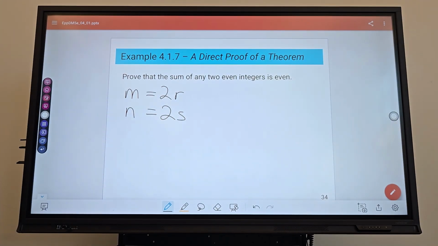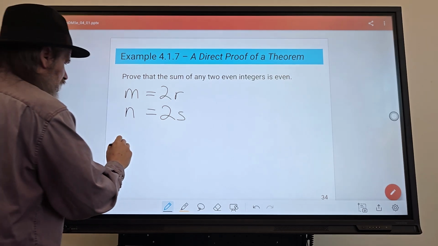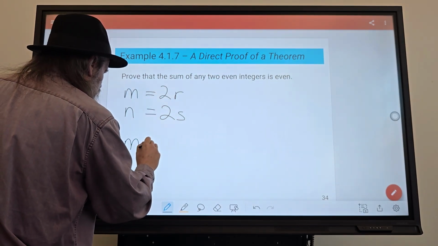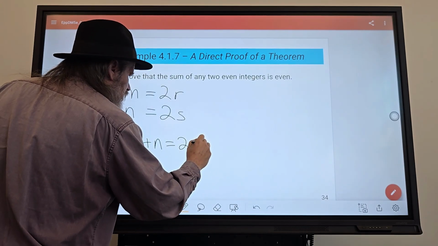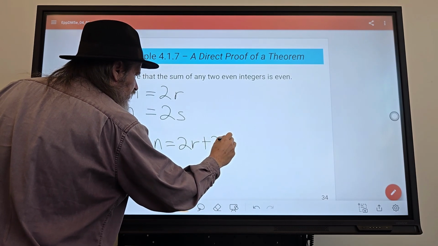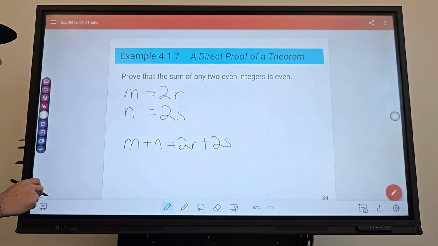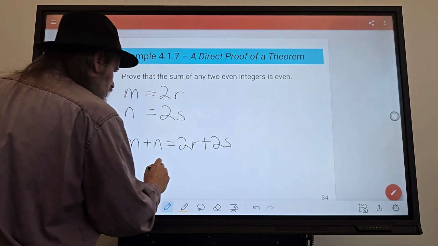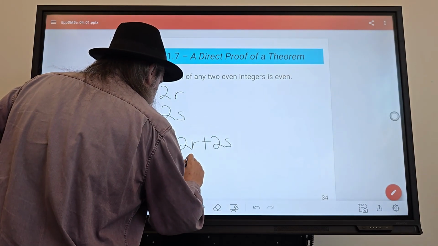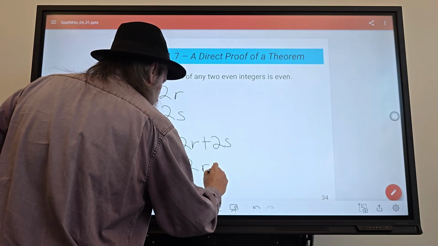Because they're even integers, m plus n equals 2r plus 2s for some integers r and s, which equals 2 times r plus s.